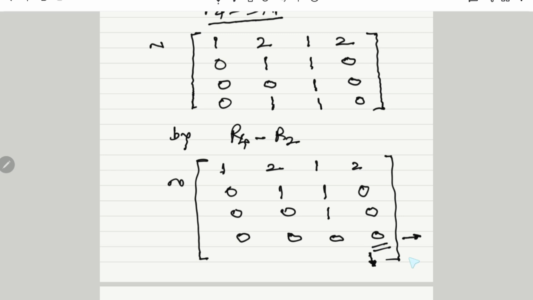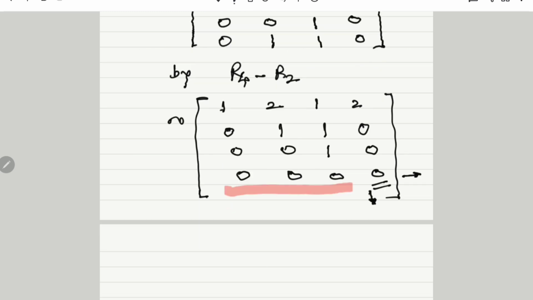And whatever this form we have, where all the lower diagonal elements are 0, it is called the canonical form of that matrix.